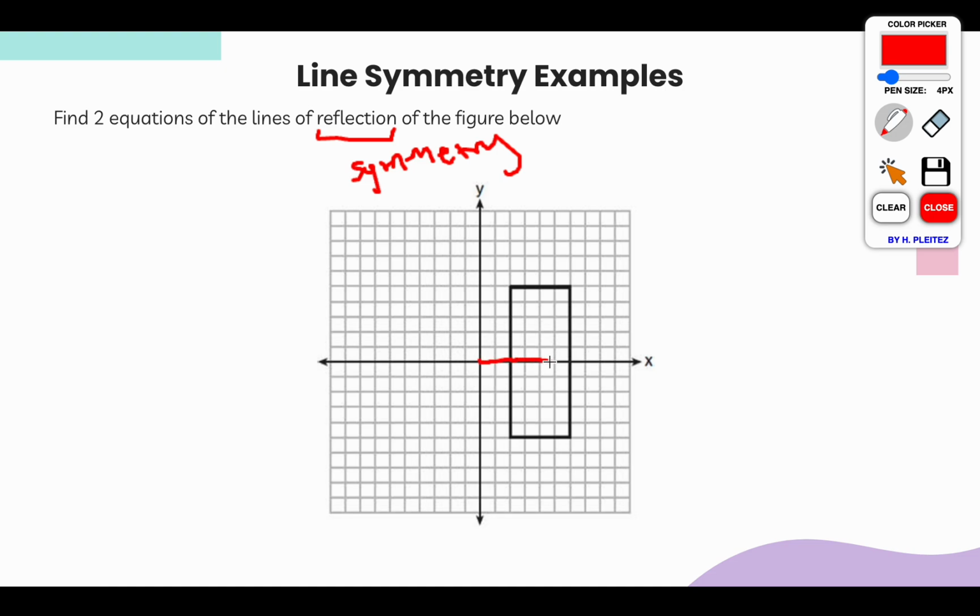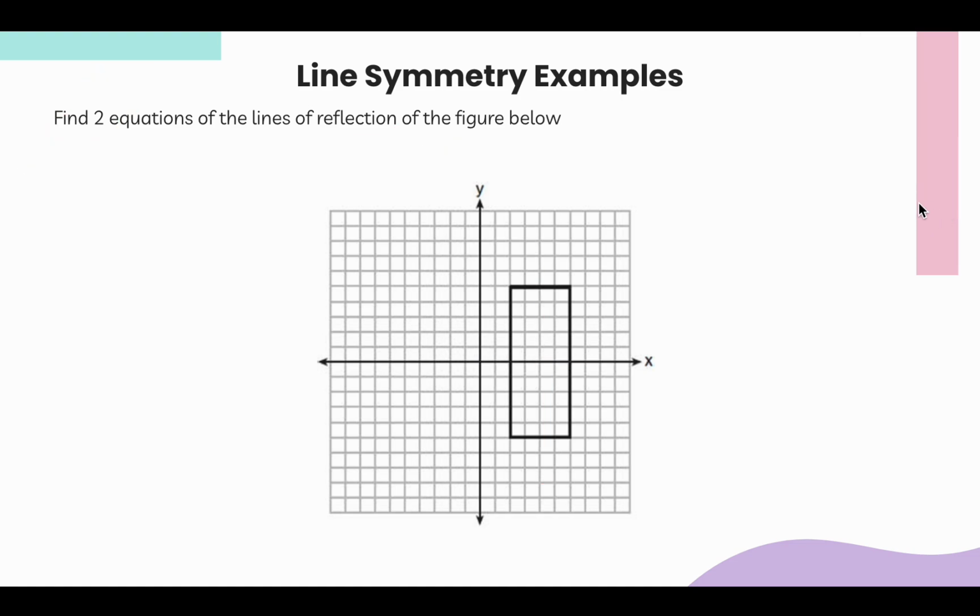If you had a horizontal line of reflection, it looks something like that, right? That is the line y equals 0. Then another line of reflection I can see is right here, right? We're creating that mirror image on both sides, and that would be x equals 4. Now there can be others, but these are just the two equations that I'm going to use for this example.